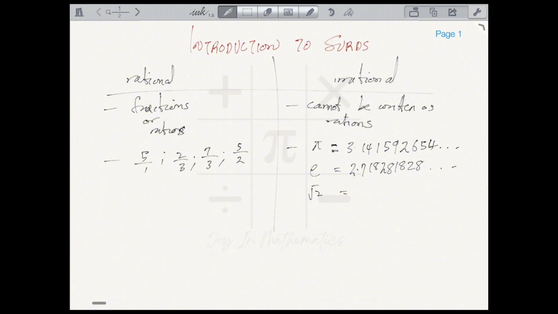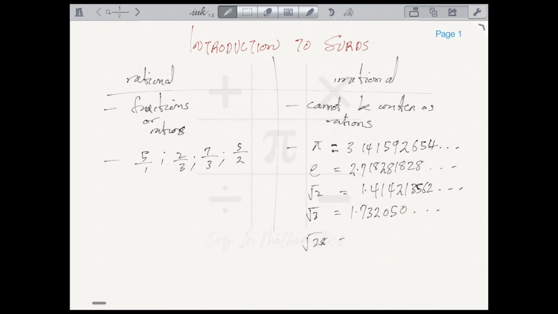If we take a look at root 2 also, root 2 is written as 1.43562. Now this value continues to the end. And if you look at root 3 also, root 3 is written as 1.732050, approximately.